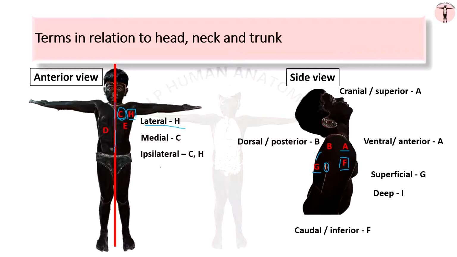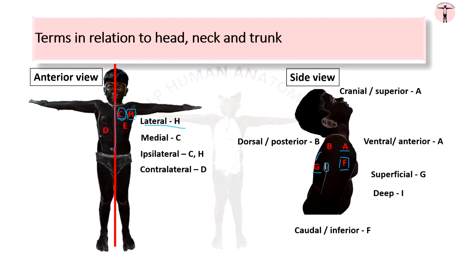Now ipsilateral: the same example C and H, they are present to one side of the midline. So that is called ipsilateral. Now contralateral is when the structures are present on the opposite side of the midline.